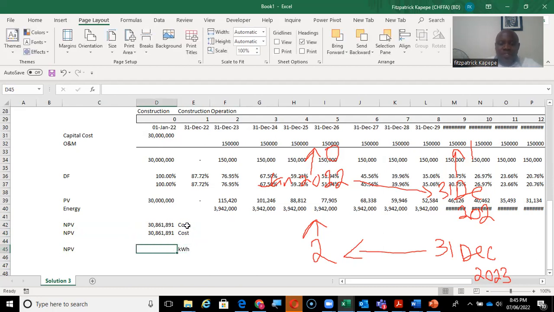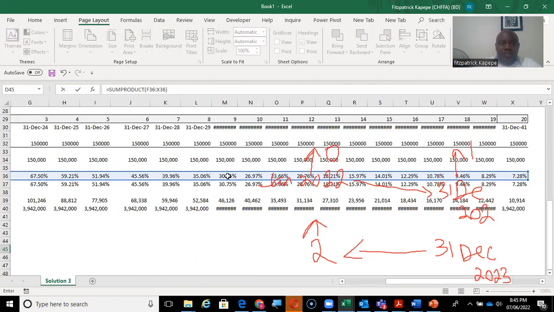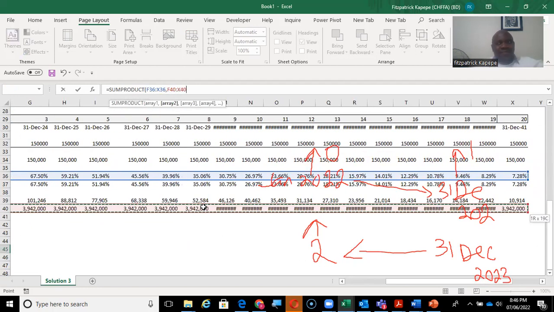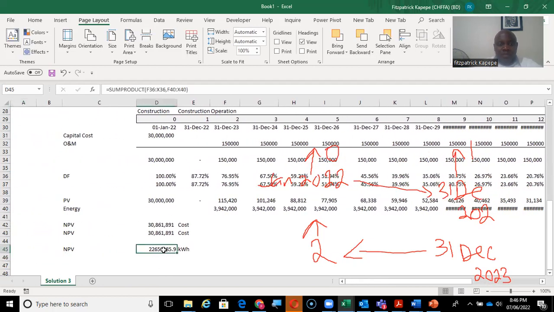So if you want to do your simple method, you can say sum product. Then you'll start from here. I can even start from here. It doesn't matter. Sorry. That, comma. I pick the quantities there. Okay, so let me try if I was to use another NPV method.